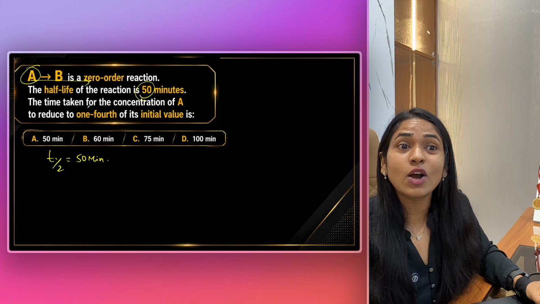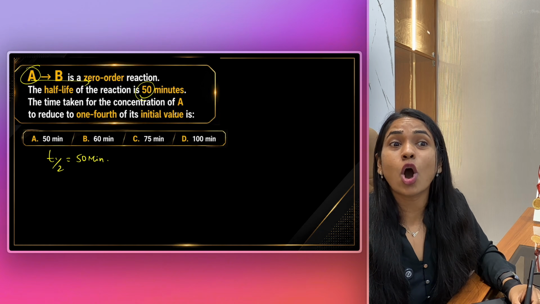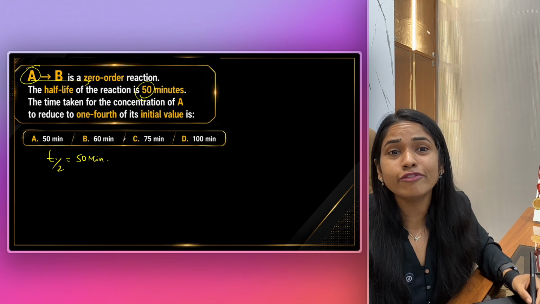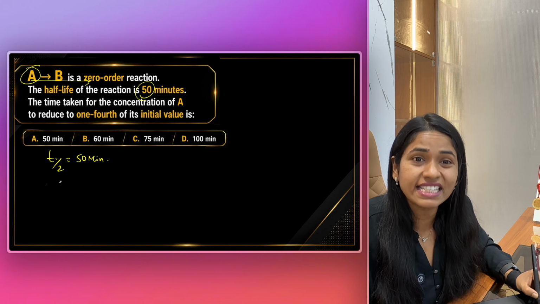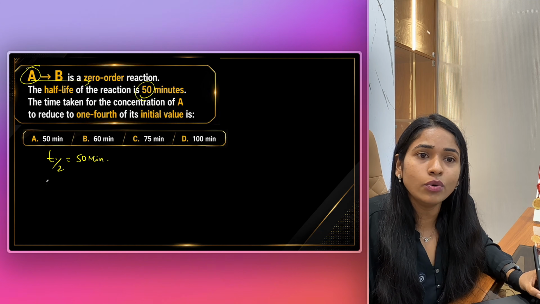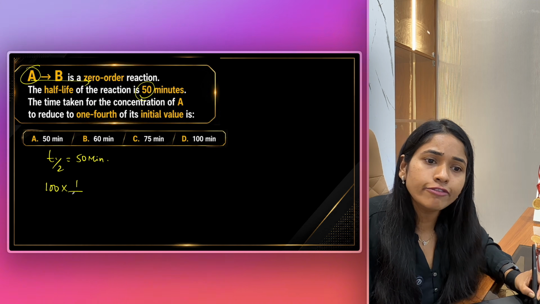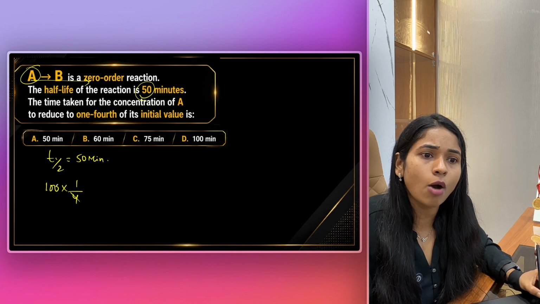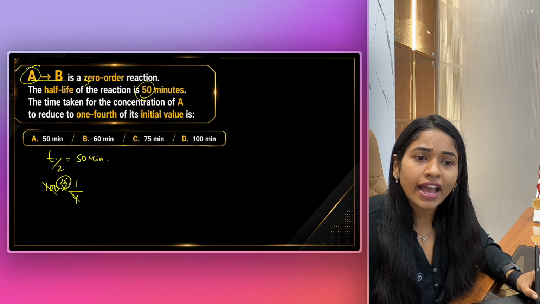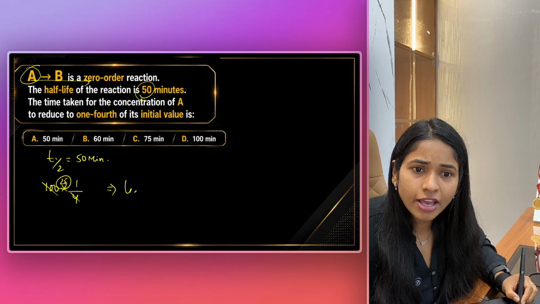What is the meaning of reducing to 1/4 of its initial value? Let's say the initial value is, for example, 100. In that, 1/4 remains, which means 25. Final left is 25 moles.